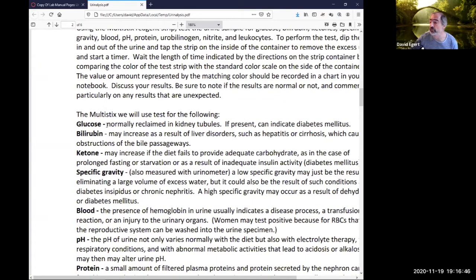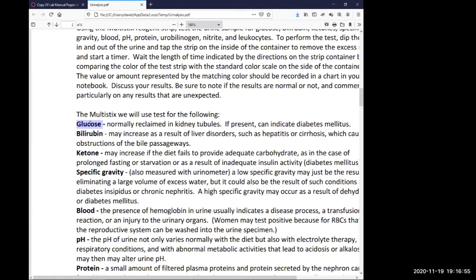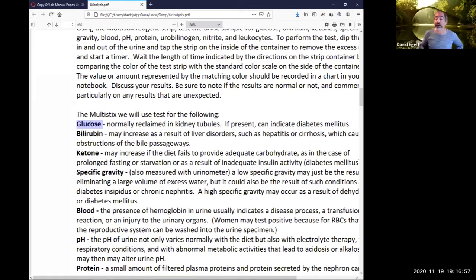So glucose. One of the things you can look for is glucose. Should glucose be found in your urine? No, typically your body is going to take it all back. That tubular reabsorption brings it all back. If there is glucose, it's usually a sign of some problem.